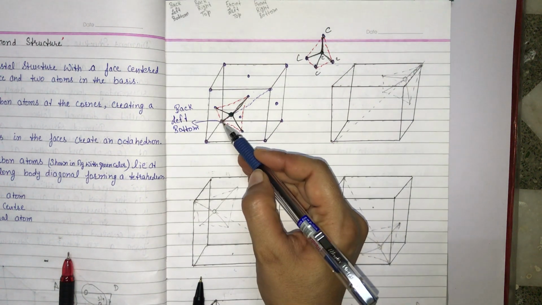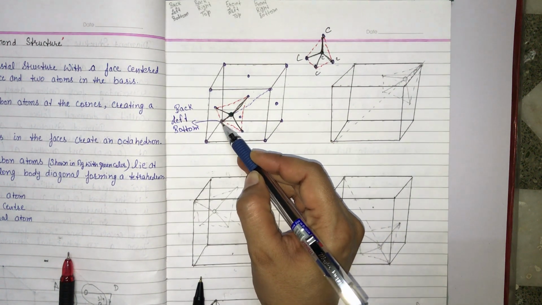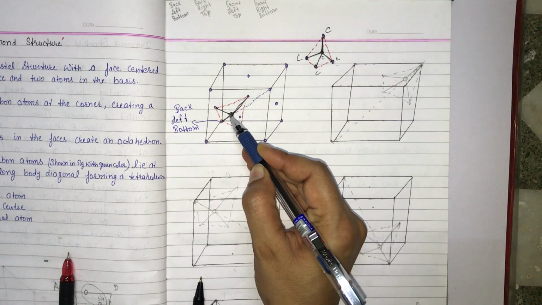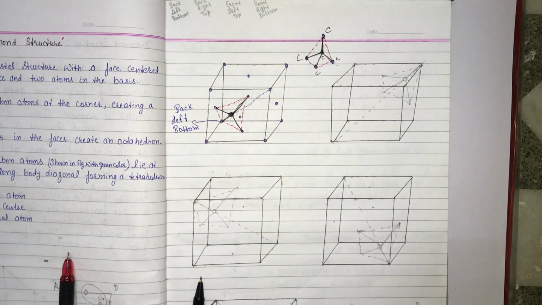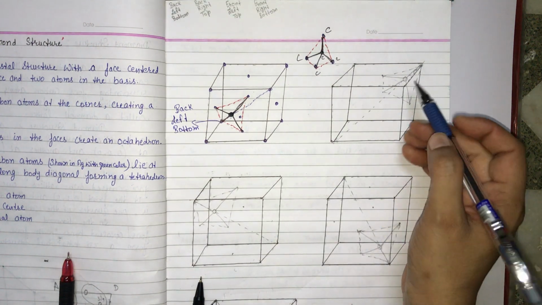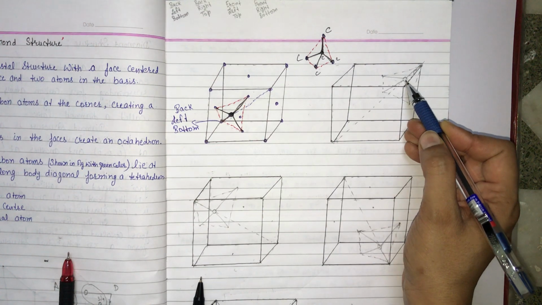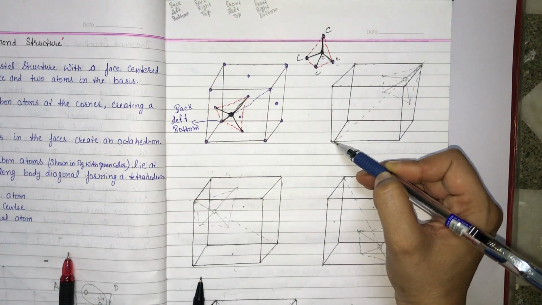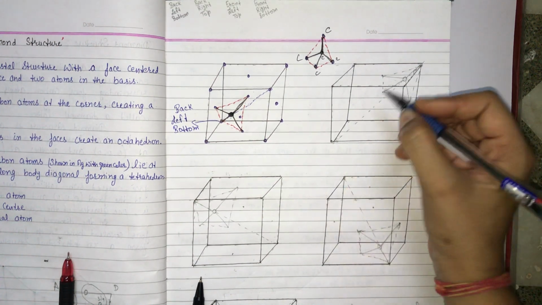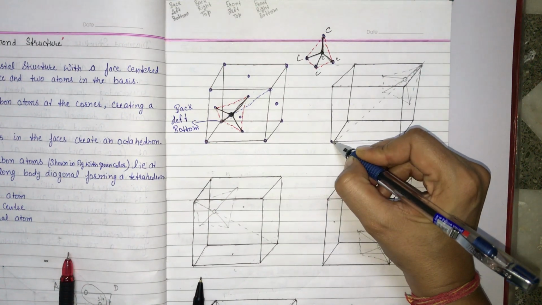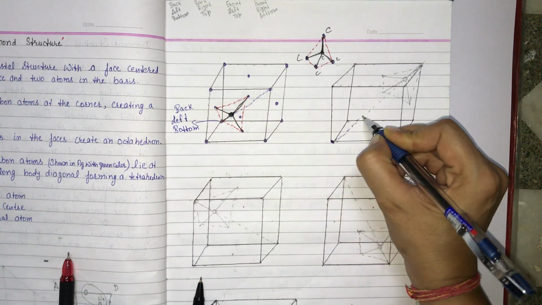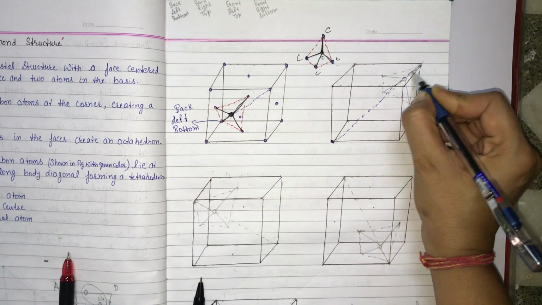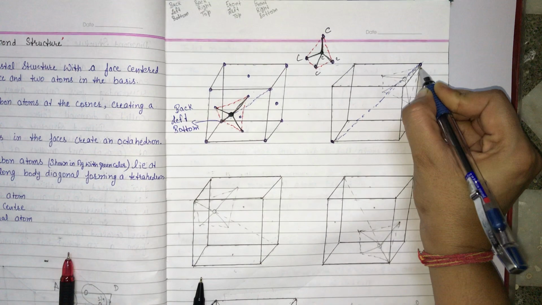Clear? So from this point along body diagonal, carbon atom is placed at 1/4 of body diagonal. Clear? Now locate the second position of this carbon atom along body diagonal. So for this, let me mark this body diagonal, which is front face, left side and bottom, joined with the back face top point.